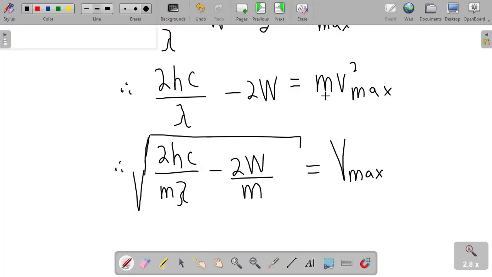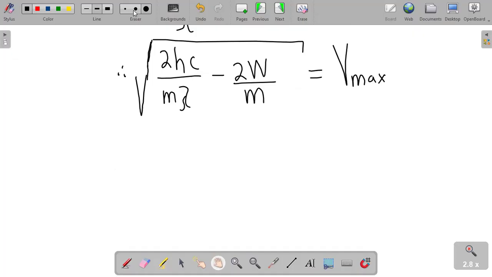Vmax. So you just divide by m here, then you also divide by m there. Then after that, you take the square root. So the m is the same. So then we can substitute.